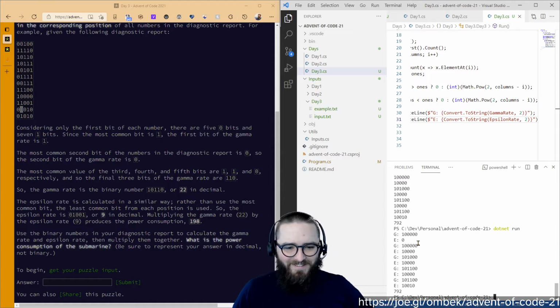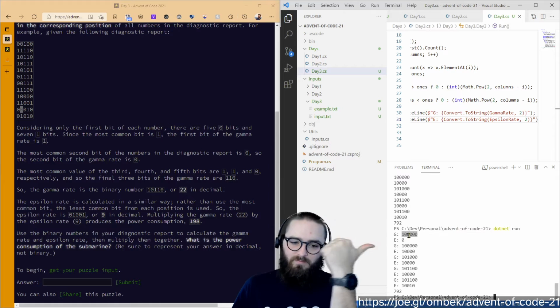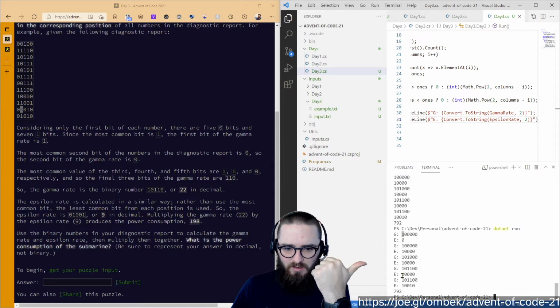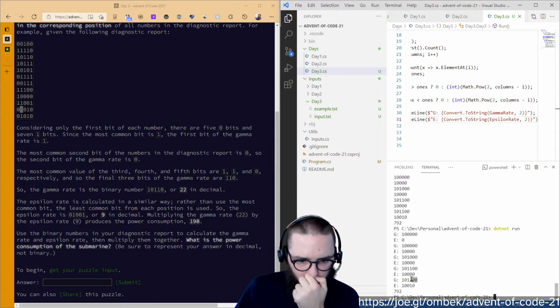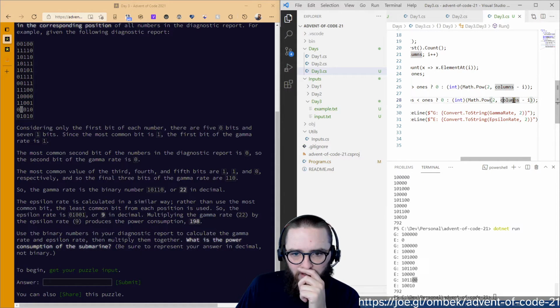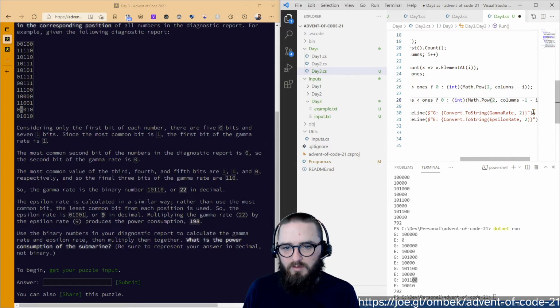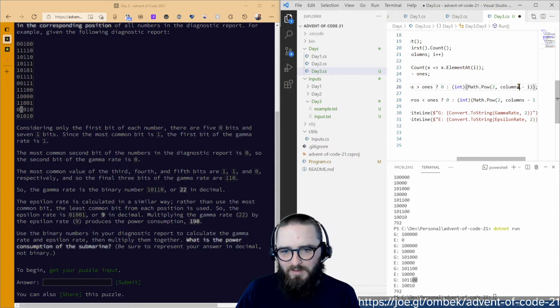Yes. Okay, so now we're working backwards. So we're starting with the first bit and ending up at the end bit, but there should definitely be some ones in there. Number of columns is too high an index. This is getting messy.